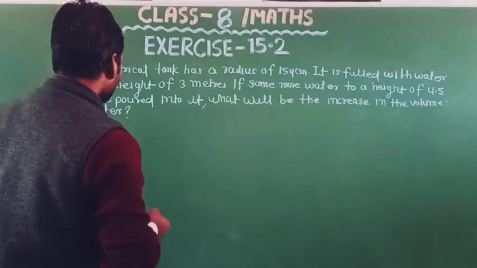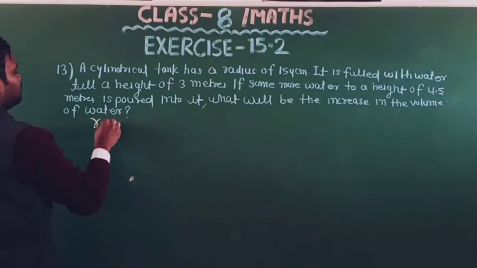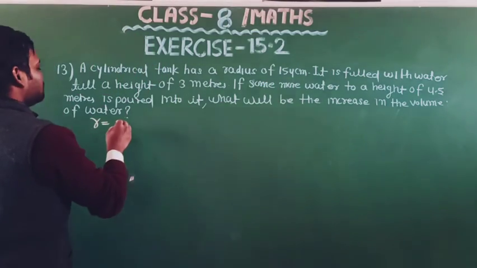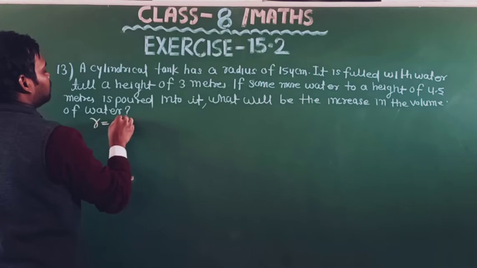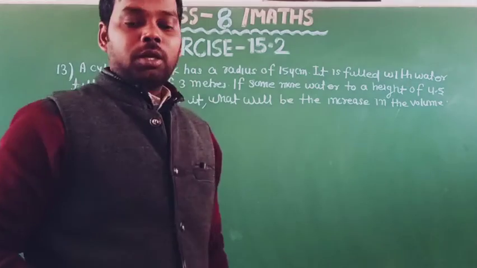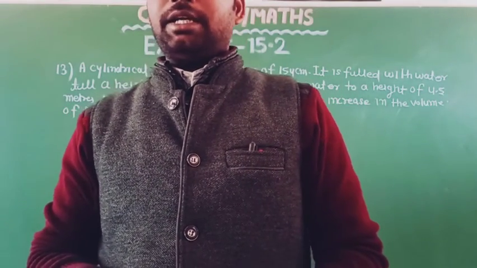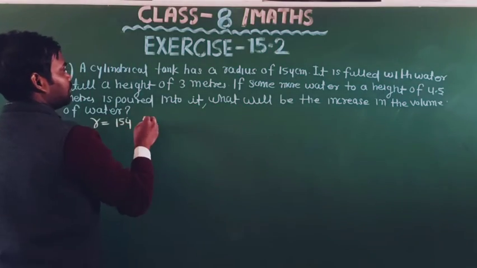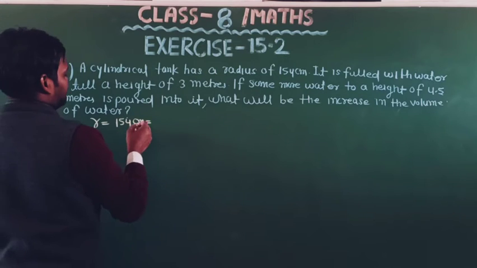The radius R of the cylindrical tank is given as 154 centimeter.